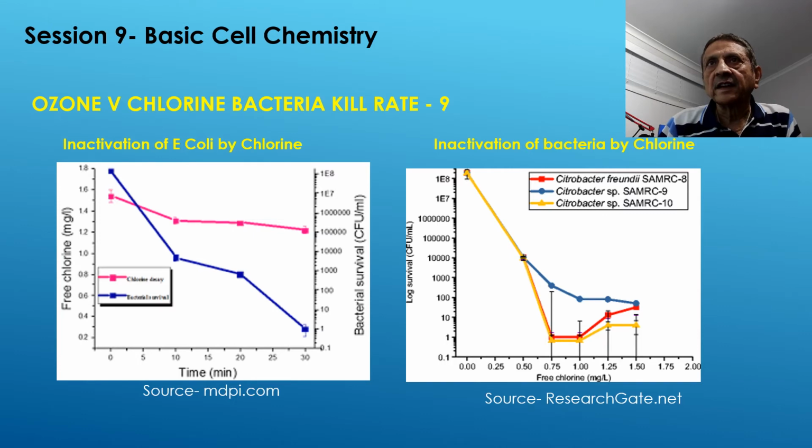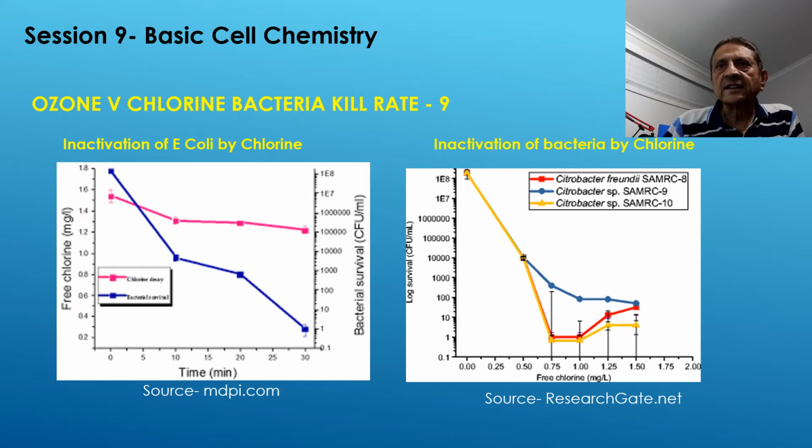This slide gives you the difference between ozone and chlorine with respect to the bacteria survival rate or kill rate. We normally measure inactivation of bacteria using E. coli as a desired bacteria, simply because firstly it is very easy to handle and it is very reliable when we do tests.